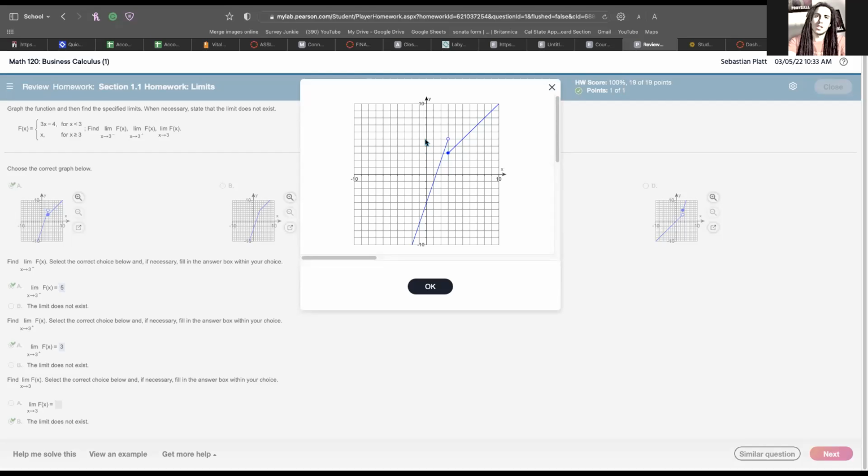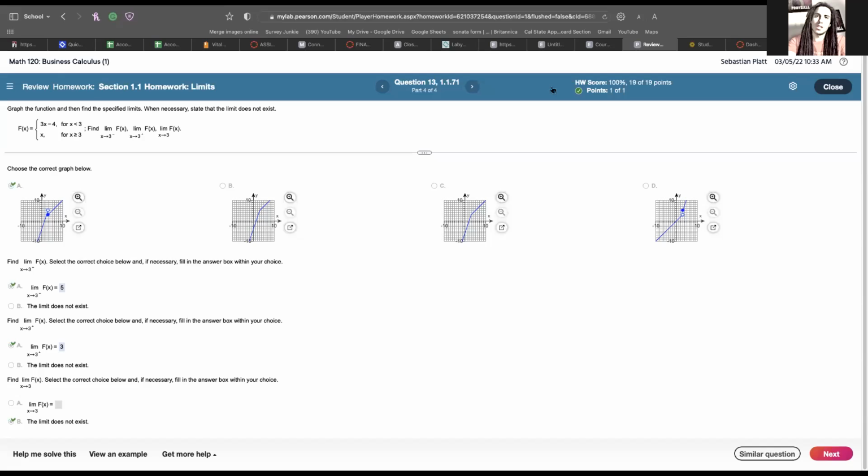So it's at 5 here. And then right here, you're going to see that for the second point, when x is 3, y is 3. Because neither of these graphs meet in the middle, the limit does not exist, because these 2 points on the graph do not intersect. So because 3 from the left and 3 from the right do not share a y coordinate, the limit does not exist.